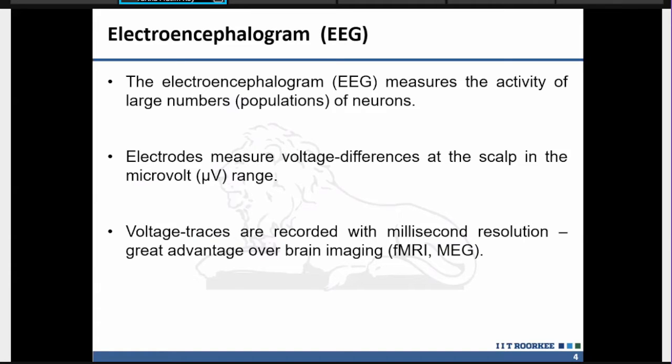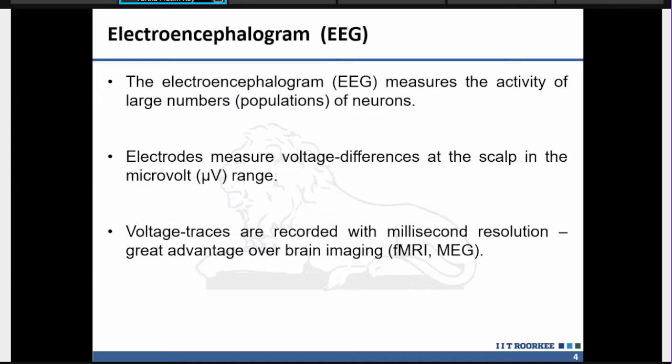When we are doing some activities, there are changes in the neuron activity, and they are exchanging information. When they exchange, there is some change in the voltage, and that voltage change is recorded by these electrodes.